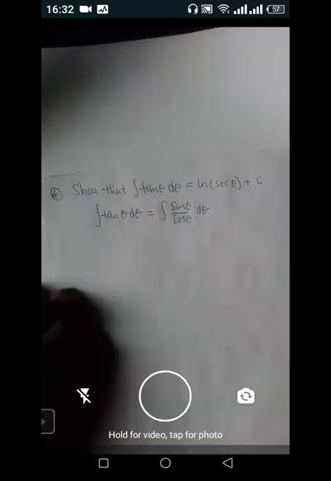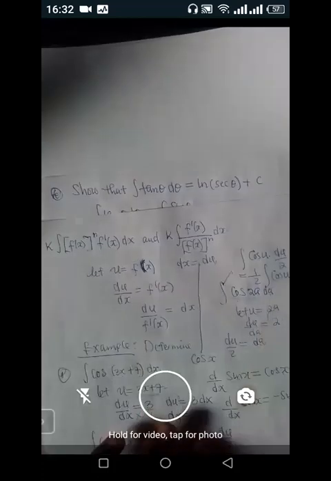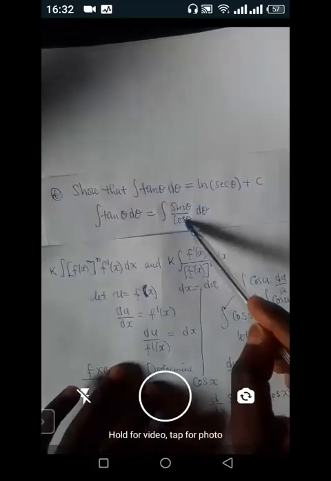That's what you have there. Then here you can use this property, the one we looked at when we were starting. When you differentiate this one, you get this one.